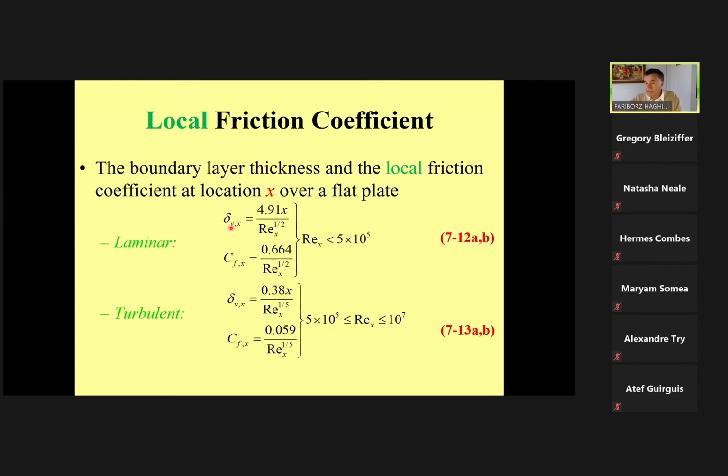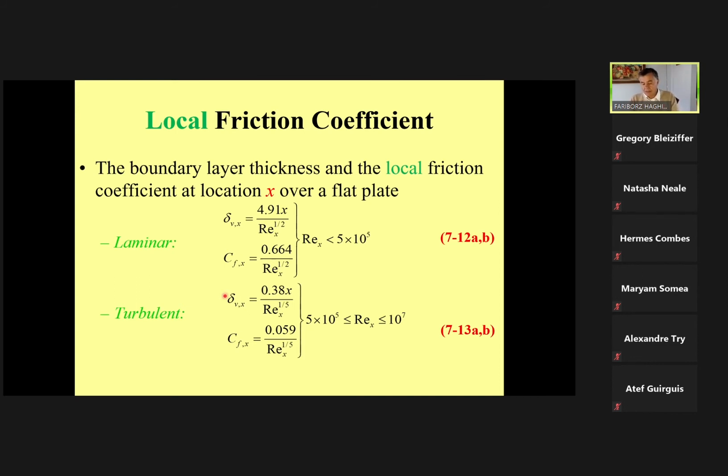This is for velocity at a given point. For laminar flow, you can calculate here, and you have the result here. This is for turbulent. If the Reynolds number you calculate is more than 500,000, in this range you can use this expression to calculate the thickness of the boundary layer. Therefore, this gives you some equations that you can use.